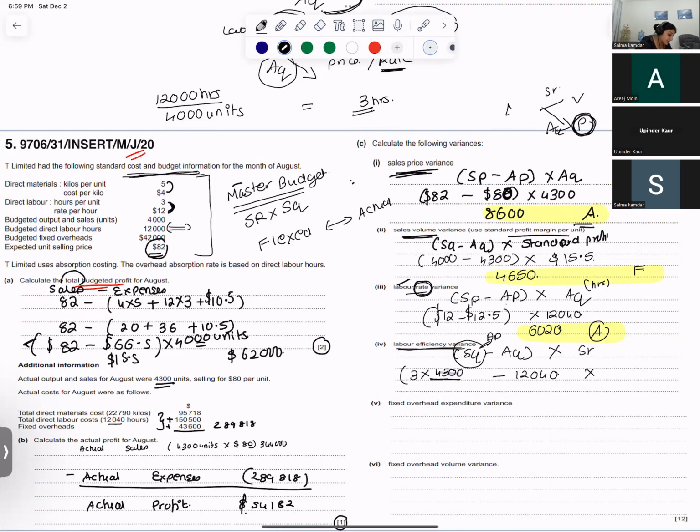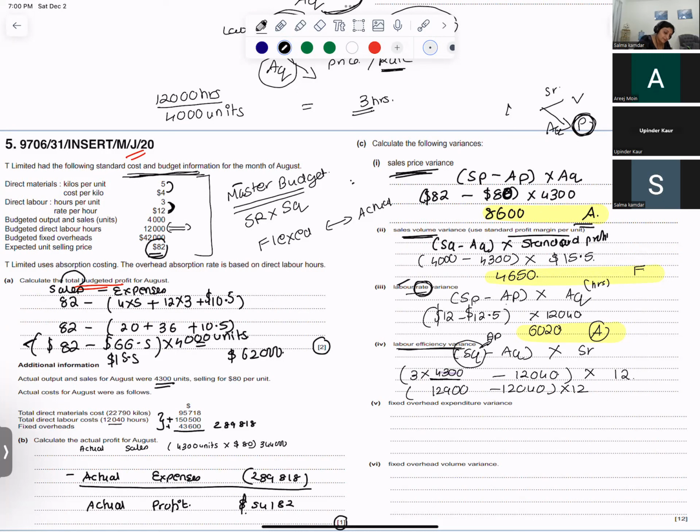Into standard rate. What is the standard rate? 12. So 4,300 into 3 is 12,900, minus 12,040, into 12.